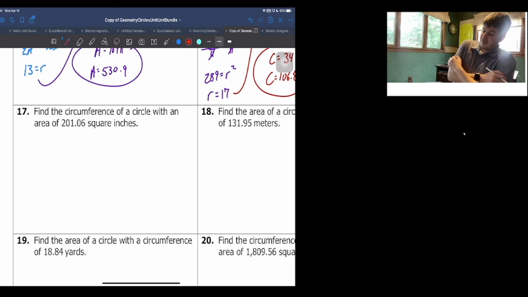So in number 17, they're asking me to find the circumference of the circle with an area of 201.06 square inches. We've got to find the circumference. Well, since that's what I'm finding, I'll put that over there because I'm going to use that last. And since I know the area, I'm going to use the area formula first.